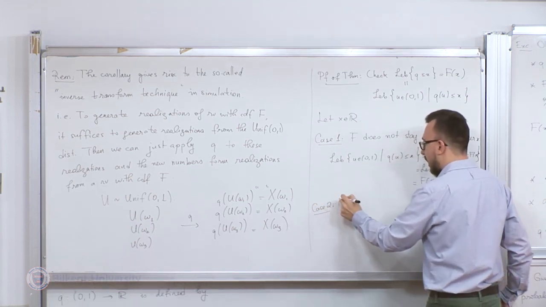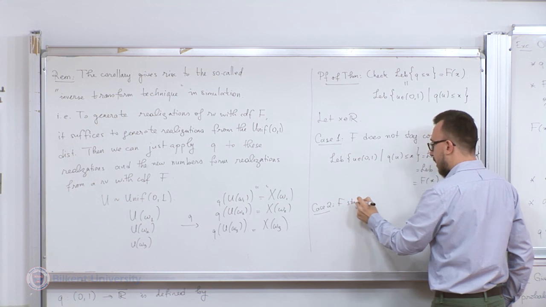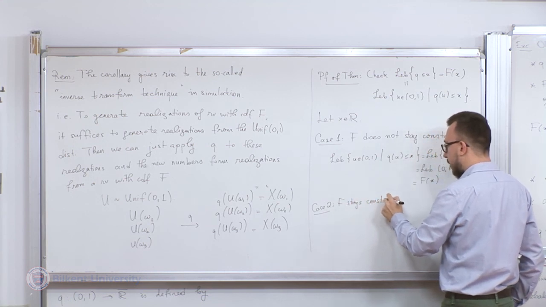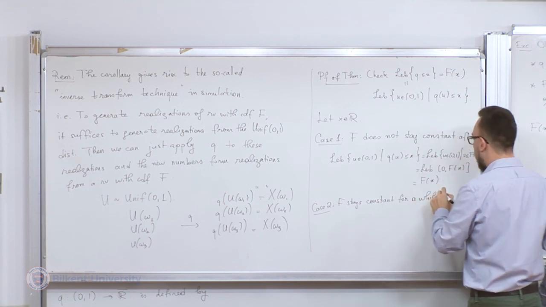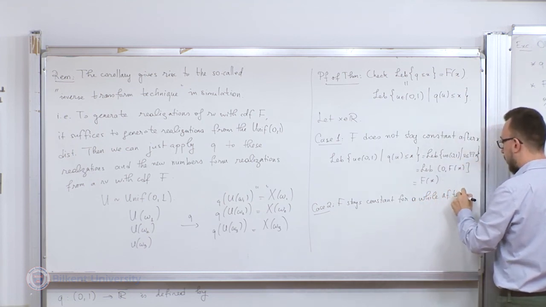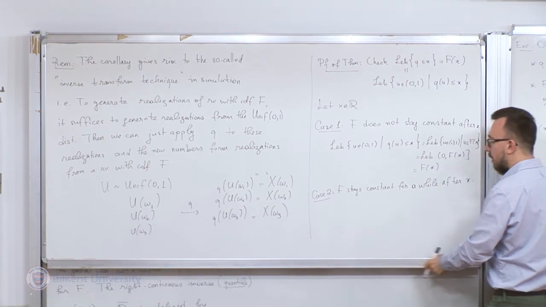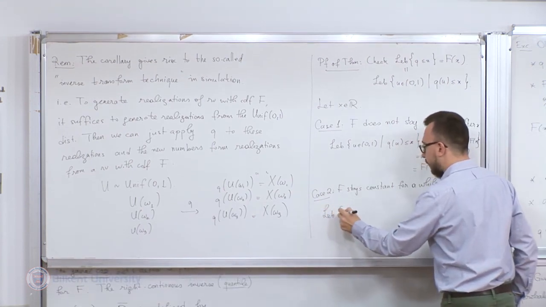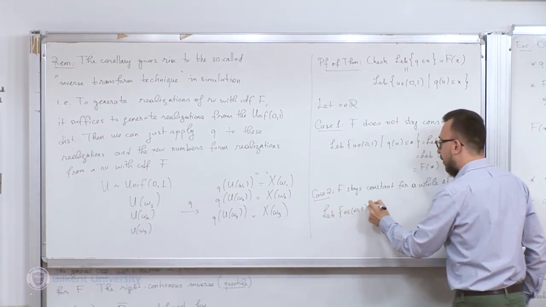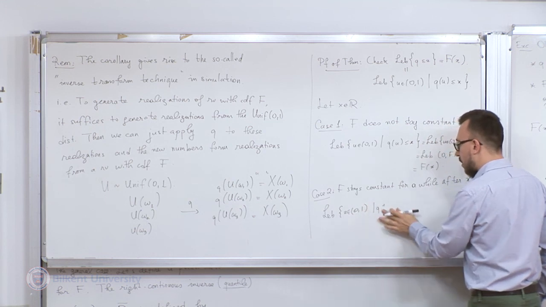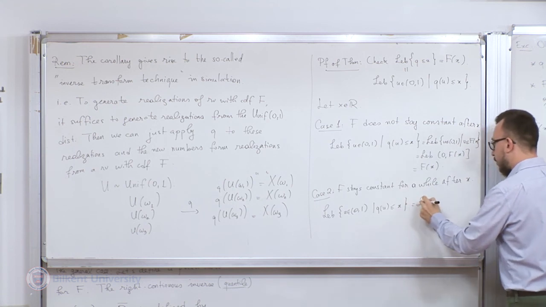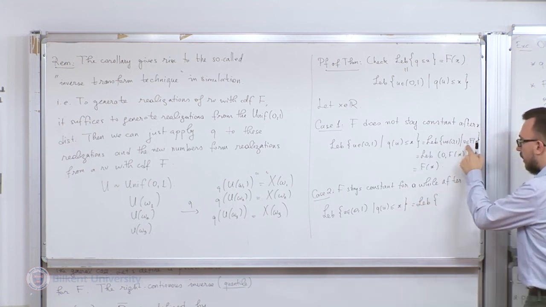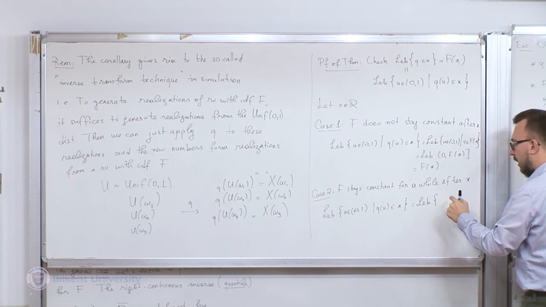So case 2 is, let's say F stays constant for a while after x. Then you should check that you lose the equality option.